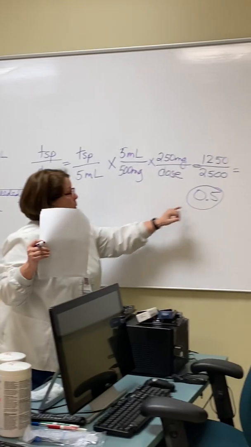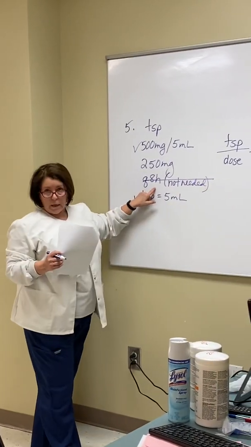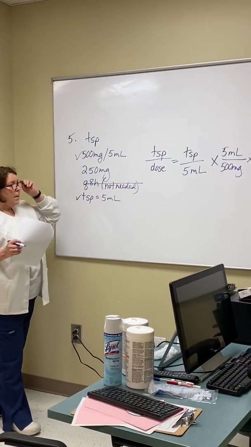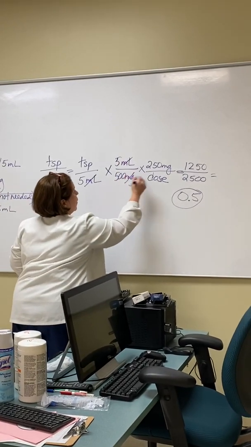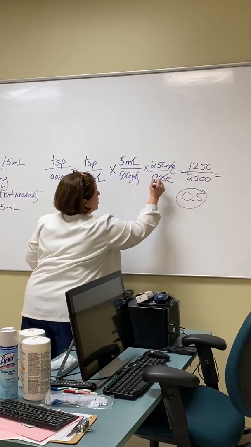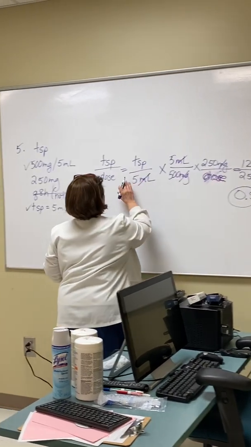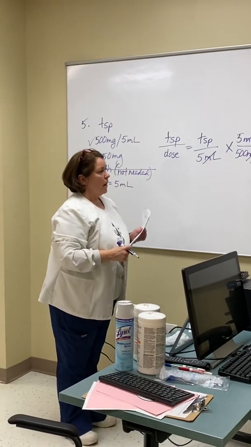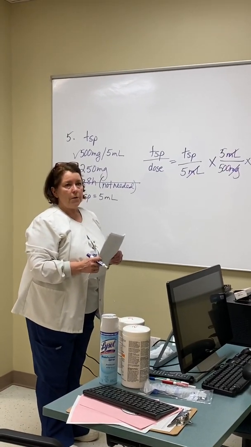So it's 0.5. In this particular problem, you do not need the Q8H or anything in there. This can be a tricky problem. mL, mL, milligram, milligram, dose. All right, so we're good to go. Hopefully, that one was a little bit trickier, but still sets up nicely if you know your conversion.